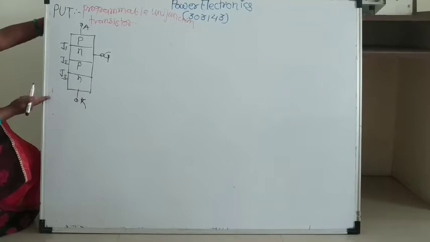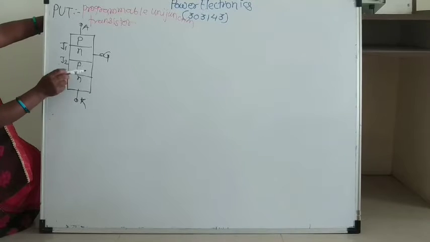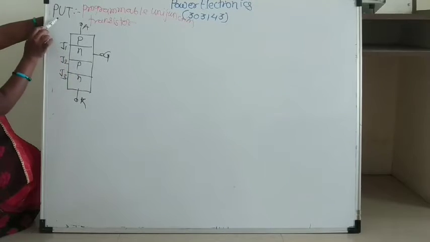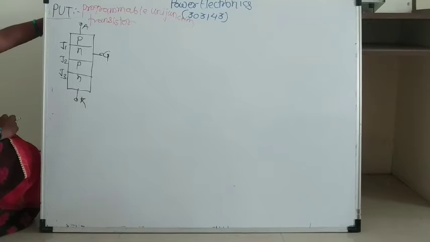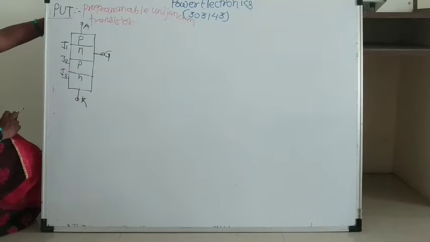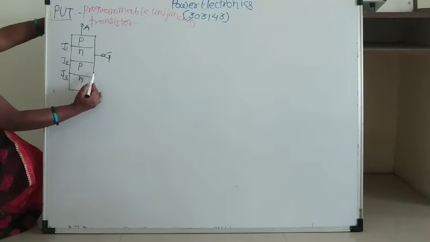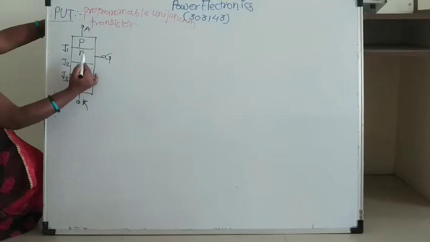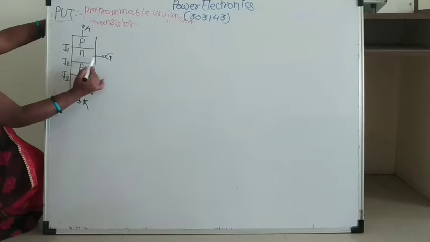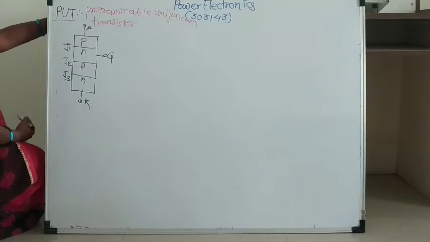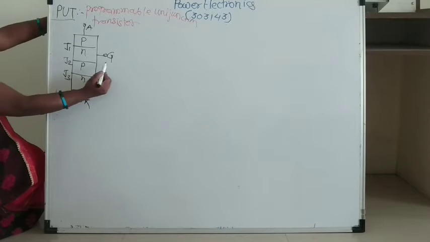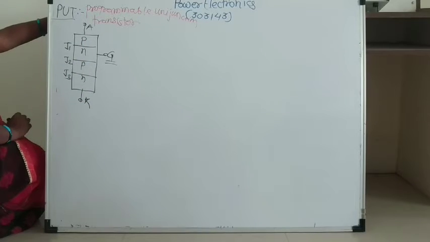From this diagram, we observe that the gate terminal position is changed in the PUT. In SCR, the gate terminal is at the P region, and in PUT, the gate terminal is at the N region. Means this gate terminal is closer to the anode.